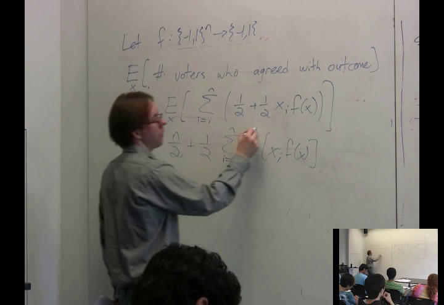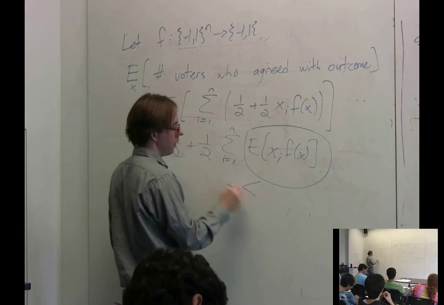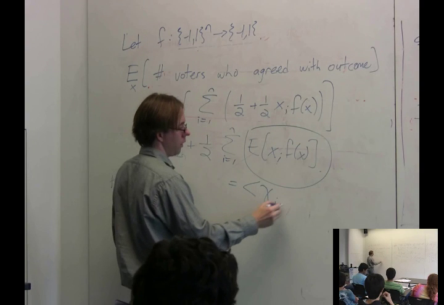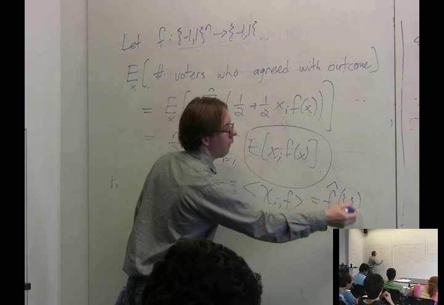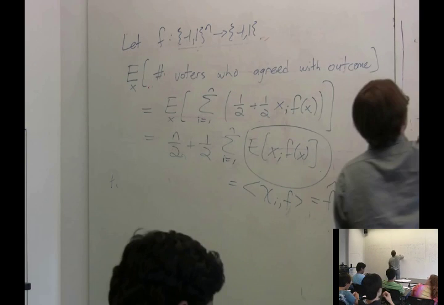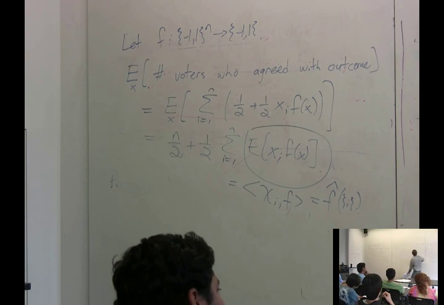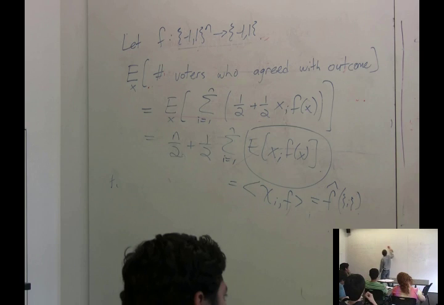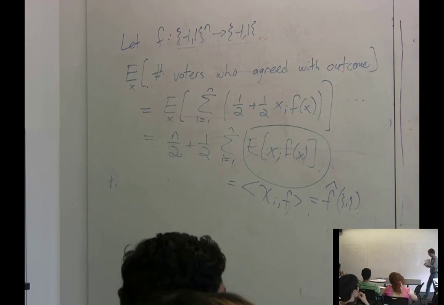Okay, and this is by definition f hat i. Okay, so up to this, plus n over 2 and divide by half, this quantity, sum of f hat i, you can think of as the number of people who agreed with the outcome of the election.